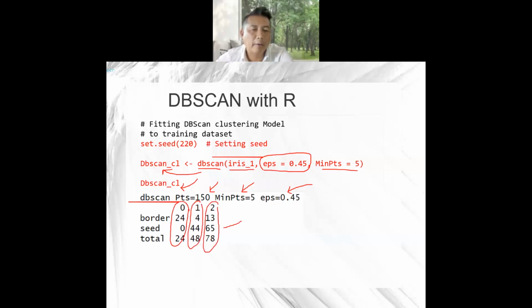This is the core point, and this is the border that belongs to that particular cluster also. This one tells you the number of members of each cluster. So the good thing about this, you don't have to specify K. It will scan through your data, and it will tell you how many clusters is the best one.